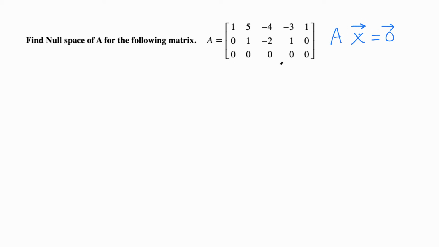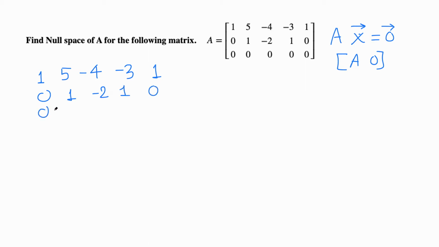That means we want to solve this matrix system Ax = 0, where A is this. So the augmented matrix, we write 1, 5, -4, -3, 1, 0, 1, -2, 1, 0, 0, 0, 0, 0, 0, and that equals 0.